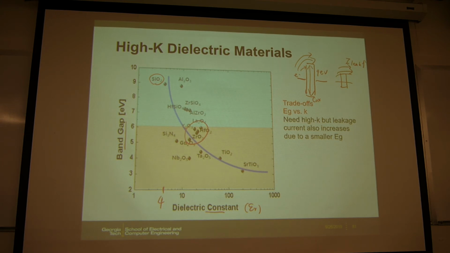But what alloy or what exact composition is the secret of those companies. I don't know. Why does the band gap and dielectric constant have this kind of trade-off? Oh, that's a good question. That's by nature. I don't know. The material property is just like that.